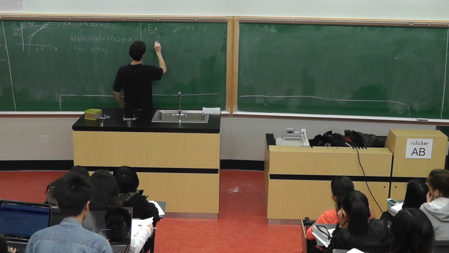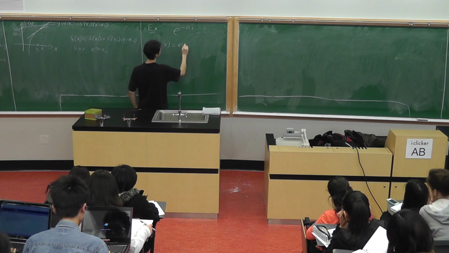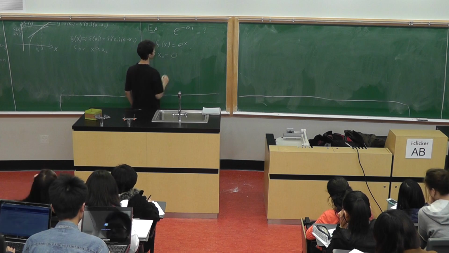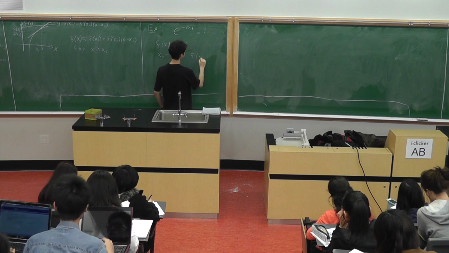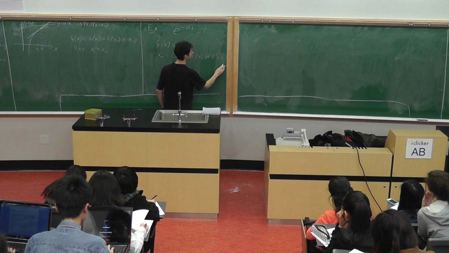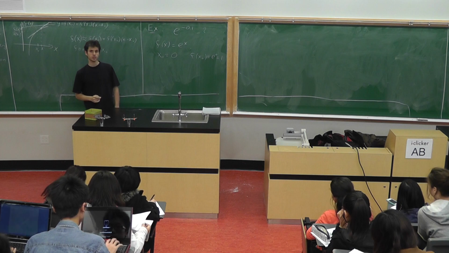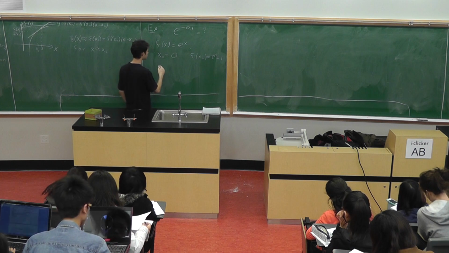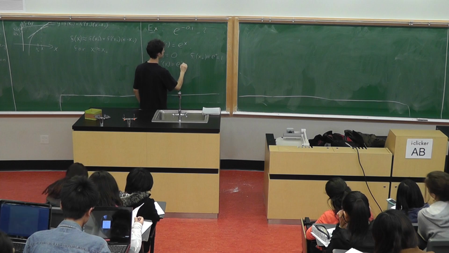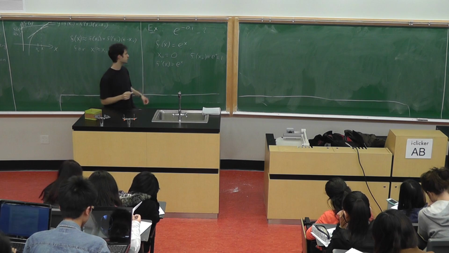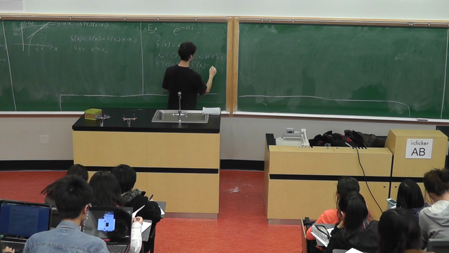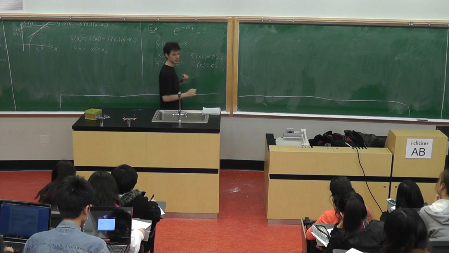So if we take our function to be e to the power x, we can easily compute it at a point x naught which is 0. Indeed, f of x naught, f of 0 is e to the power 0, which is 1. It is also quite easy to compute the derivative. F prime of x for this function is e to the x, so the derivative at the point x naught is e to the power 0, which is 1.